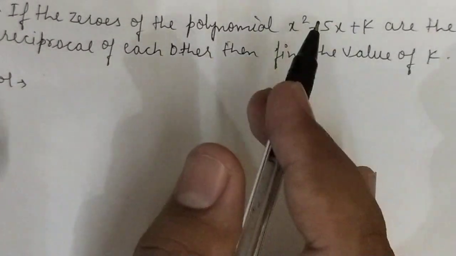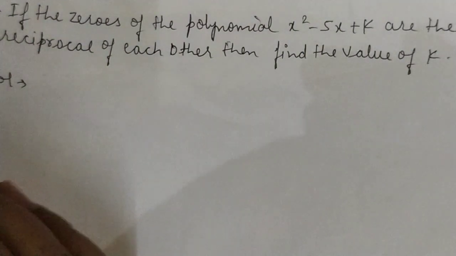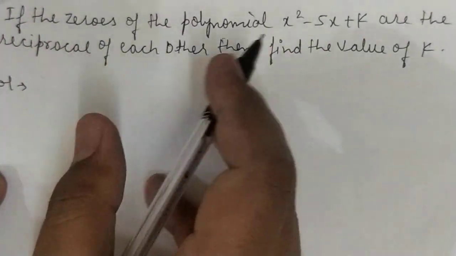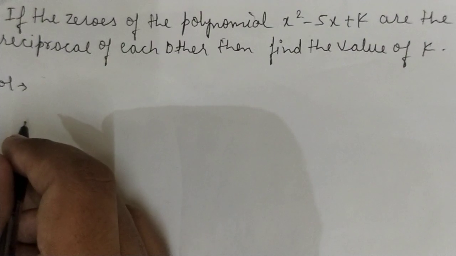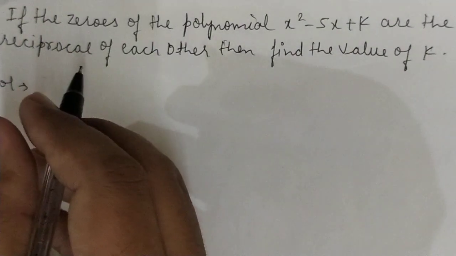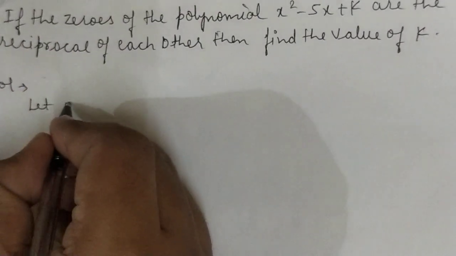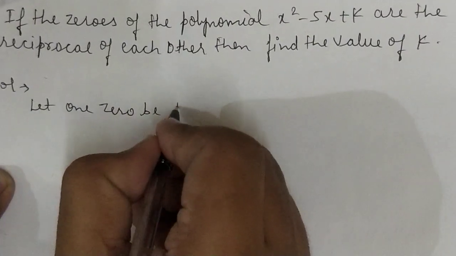If zeros are not given, the first step is to assume that alpha and beta are the zeros. So it is clear that alpha and beta are the given zeros. And what is given? That one of the zeros is the reciprocal of the other. So let one zero be alpha.